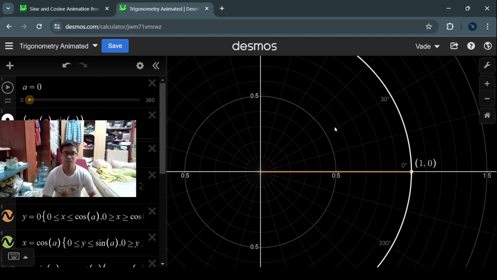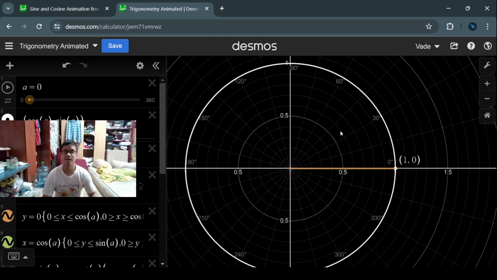Now, here's what's more interesting. What if we rotate it upward like this? Take a look. At exactly 30 degrees, you have coordinates of 0.866 and 0.5, just like earlier. So cosine 30 is approximately 0.866, while sine 30 degrees is 0.5.